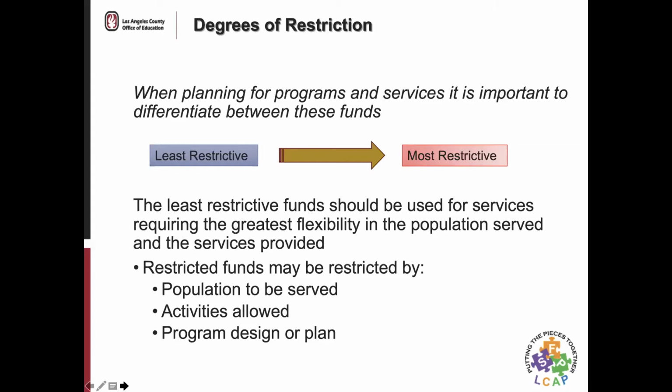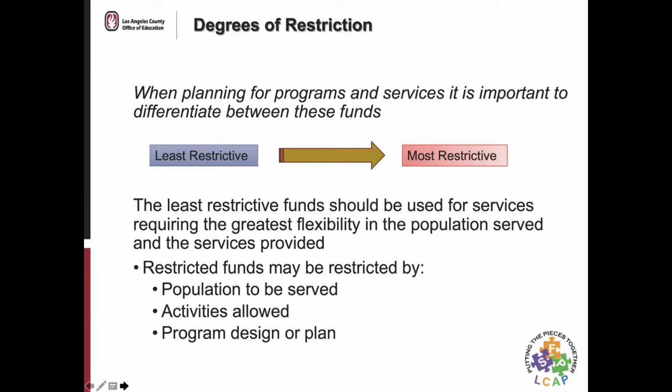For example, federal law allows transferability. You can transfer funds among various programs. However, we see people say, oh great, I can transfer the funds. You need to stop and think, because federal transferability only allows you to transfer funds from the less restrictive programs to more restrictive programs.